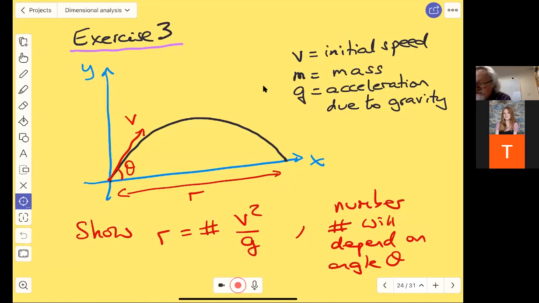Now you can set this up as a differential equation, you can integrate it, solve it, you can find out what that number is, but just by thinking a little bit as we did, you're able to work out this key factor that the range goes as the square of the speed divided by the acceleration due to gravity. And this number will, of course, depend on the angle. Okay, so that's another exercise for you to do, and I will give you the answer to that next week.